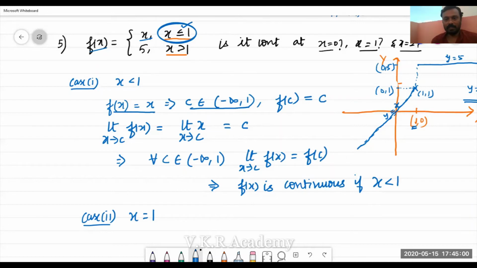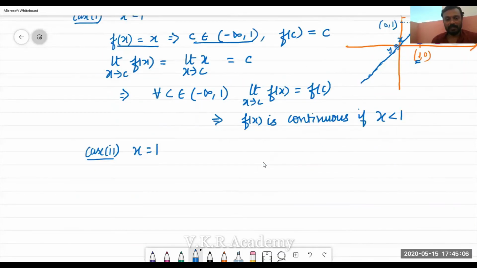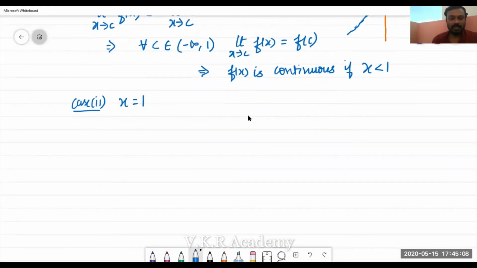To the right of 1, it is 5. So it's better if we compute the left-hand limit and right-hand limit to ascertain the continuity at x is equal to 1. So the left-hand limit at x is equal to 1 is limit x tends to 1 minus f of x.